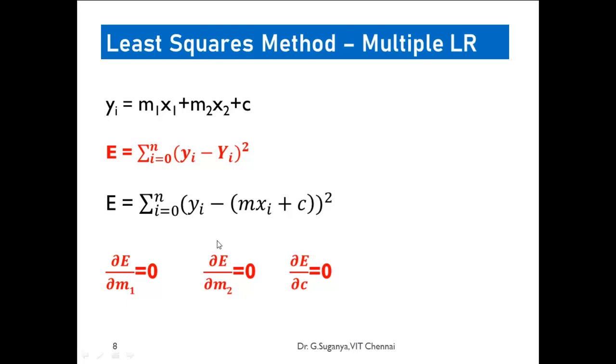The only difference is that simple linear regression takes only one input variable, otherwise called the predictor variable, whereas in multiple linear regression you can have any number of input variables. The equation will be like m1 x1 + m2 x2 and so on, as many attributes as you have, plus c. But the error equation remains the same.